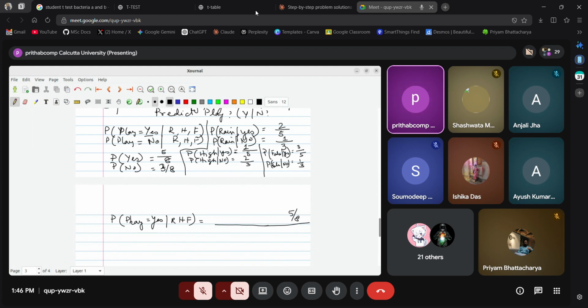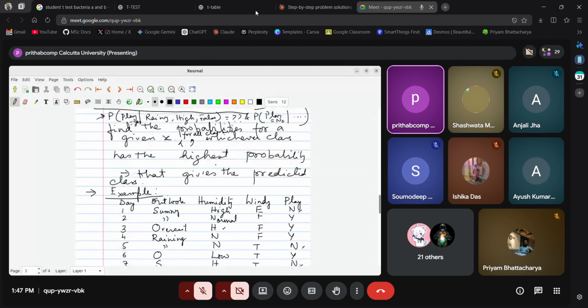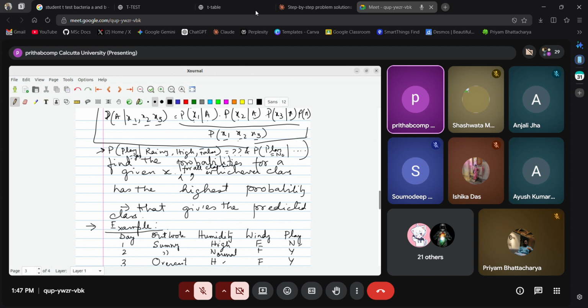So 2 by 5, 1 by 5, 3 by 5, right? And it is divided by what? It will be divided by probability of x1, x2, x3.